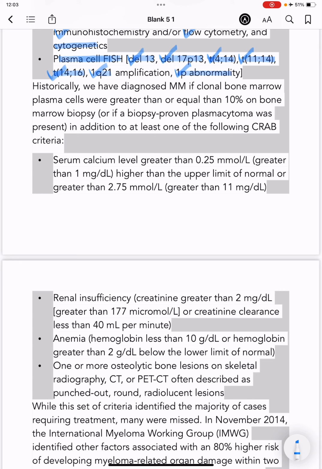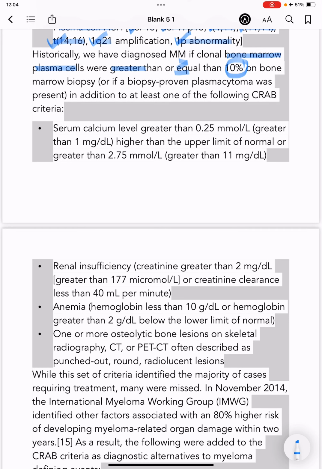If we do a bone marrow biopsy and the bone marrow plasma cells are greater than or equal to 10%, in addition to at least one of the following CRAB criteria, or if a biopsy-proven plasmacytoma was present.